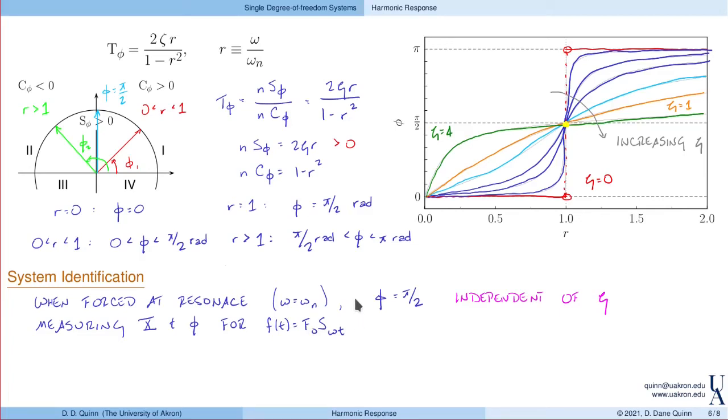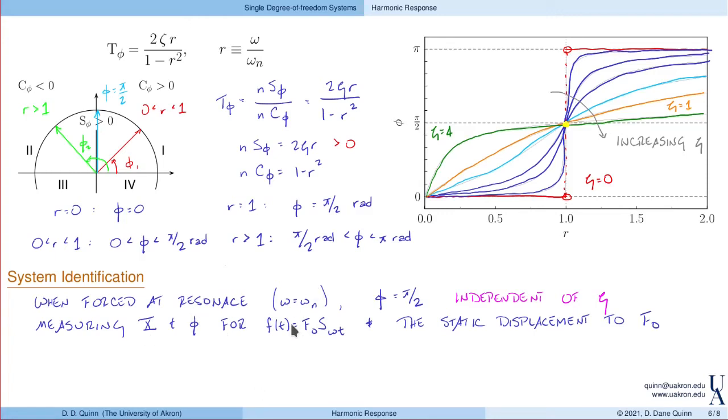If we can identify this resonant forcing and the static displacement to a constant load of magnitude f naught, then we can determine the parameters of the system.